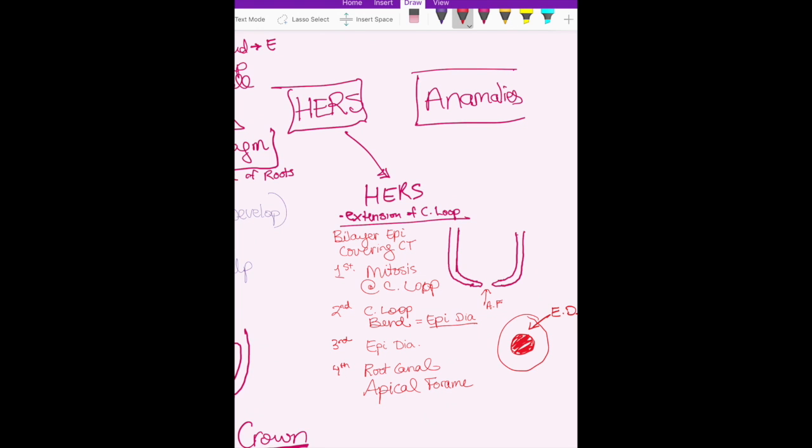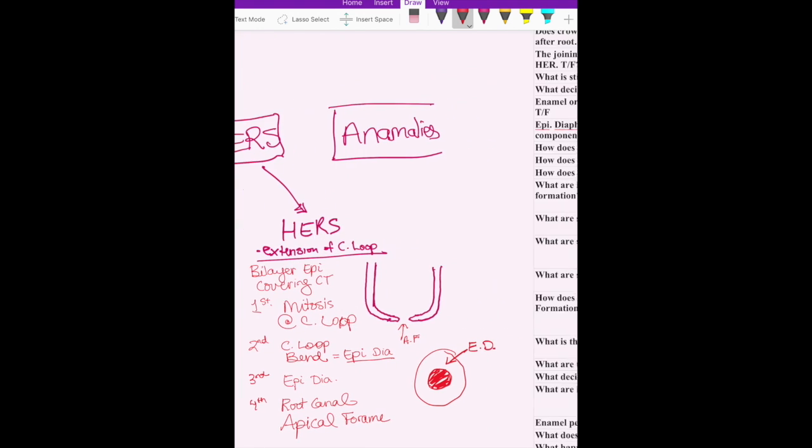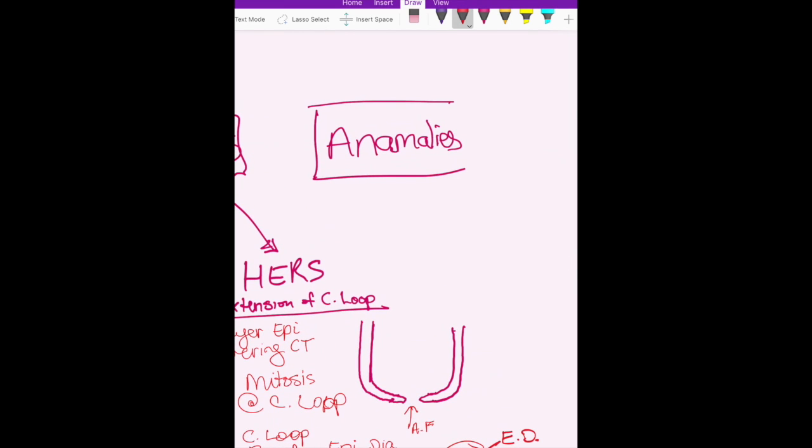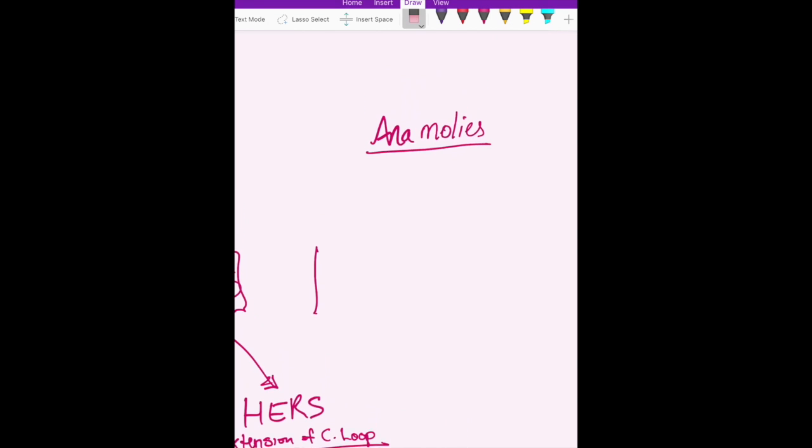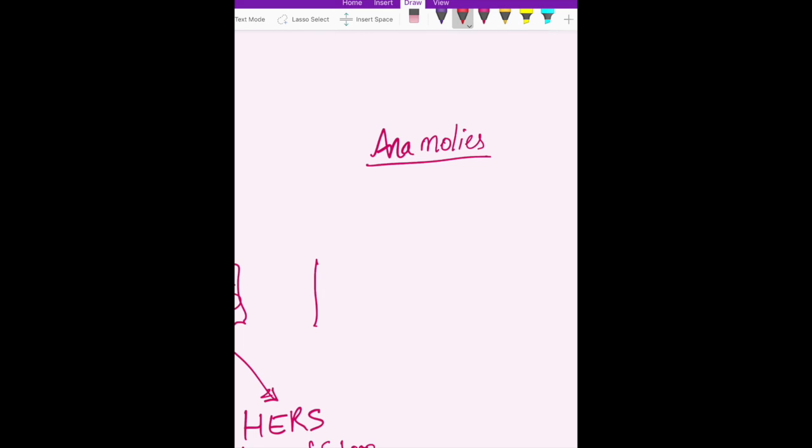Next, we talk about some anomalies associated with root development. What is an anomaly? It's just a mess-up in formation.